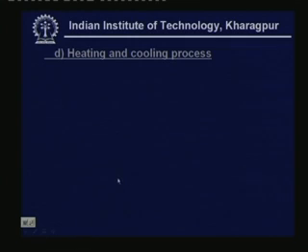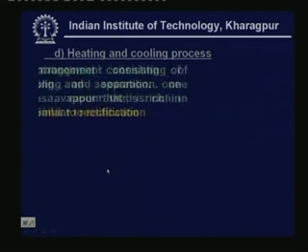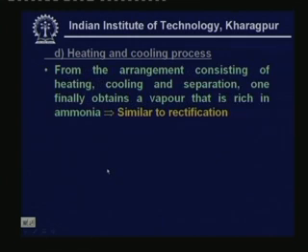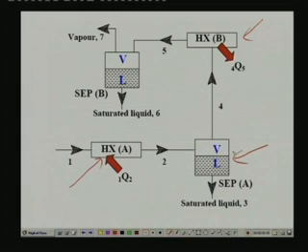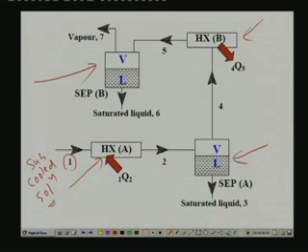Now, let us look at another simple but important process, that is called heating and cooling process. So, let me first explain the arrangement. What we have here consists of two heat exchangers, heat exchanger A and heat exchanger B, and also two separators, separator A and separator B. Initially I have taken a subcooled solution, remember, and pressure is constant everywhere.